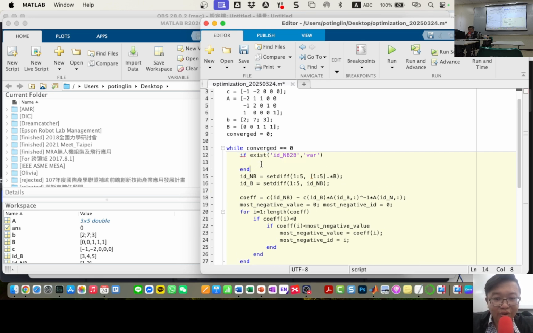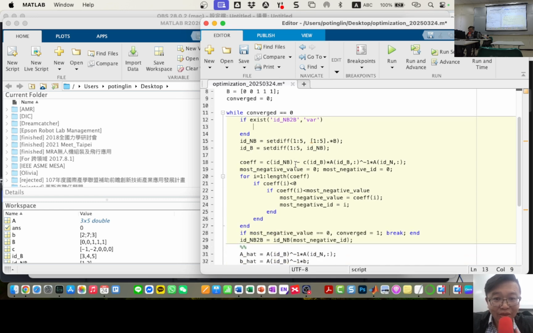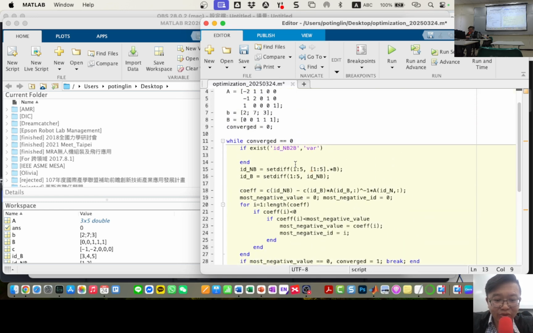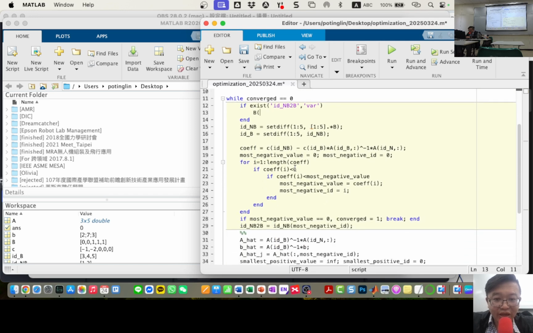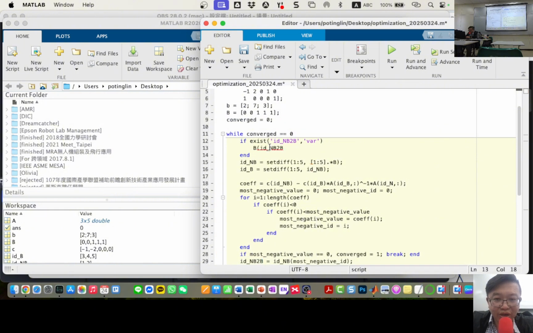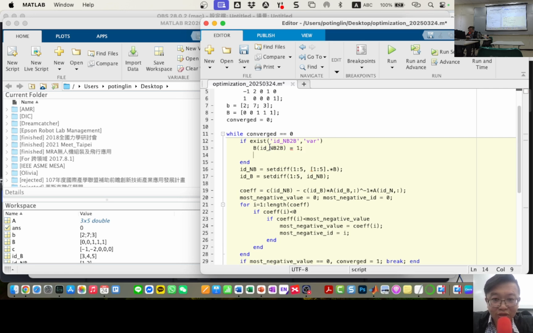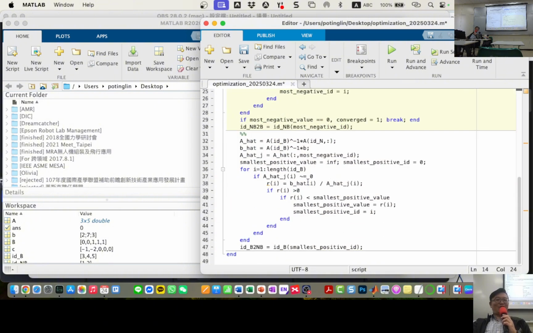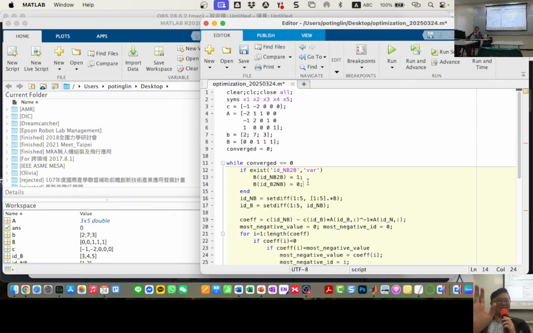So we need to update our capitalized B. So the capitalized B and ID non-basic to basic. You are non-basic means it was 0, so change it to 1. So B ID basic to non-basic, change to 0. So if I'm doing everything right, this is done.